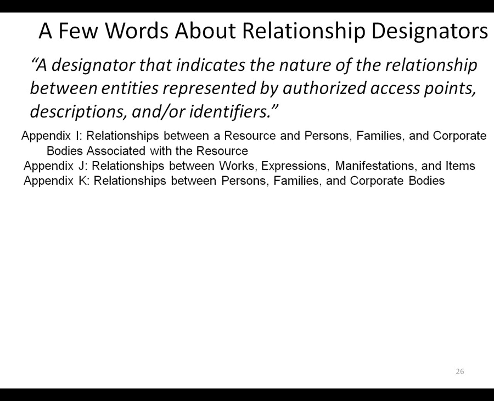There are currently 3 appendices that are filled out that provide lists of relationships between different types of entities. The ones we would be working with mostly, just in terms of bibliographic records, would be Appendix I and Appendix J.